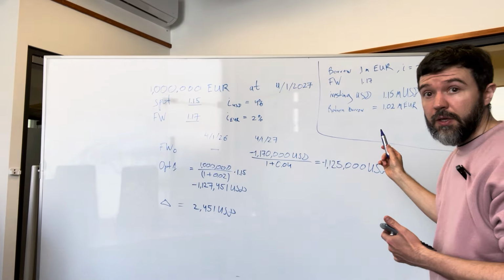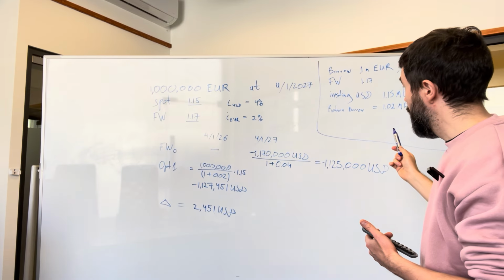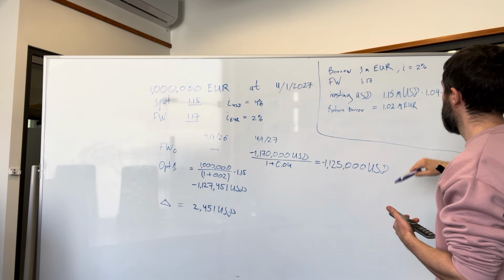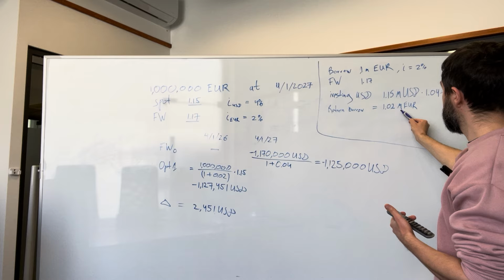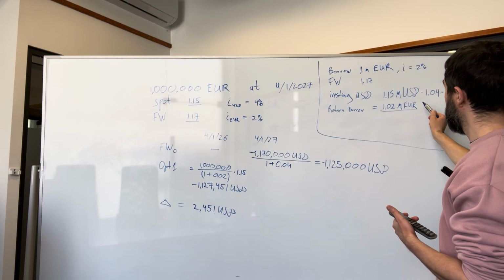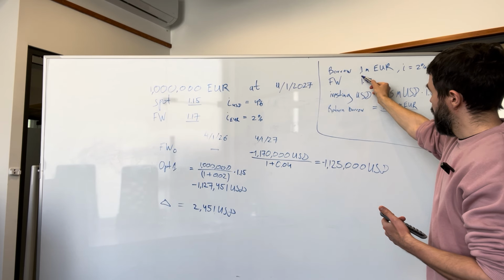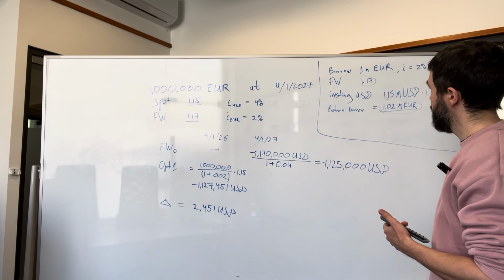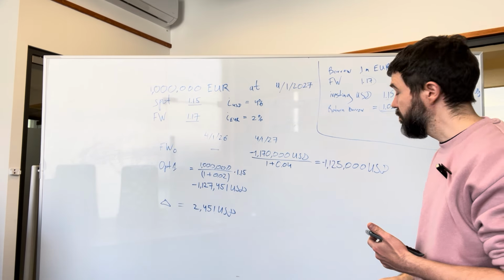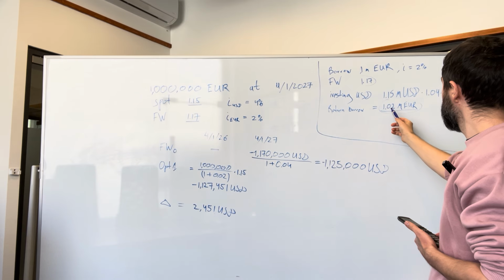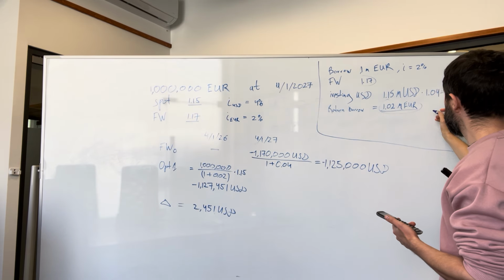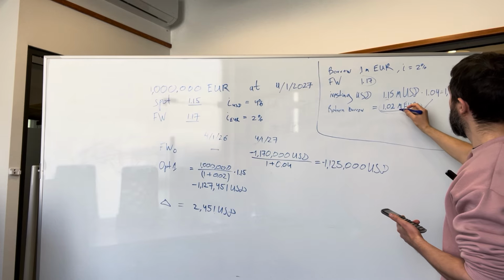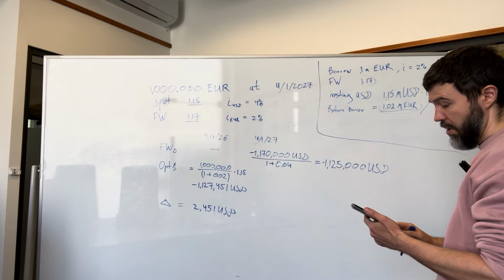Your lender in Europe doesn't care about your USD things, so he cares about the euro amount you've borrowed. And you have your forward contract to offset this at a predetermined rate. Okay, so how much USD should you give to have that amount of euro?